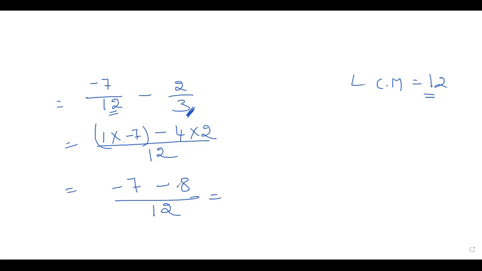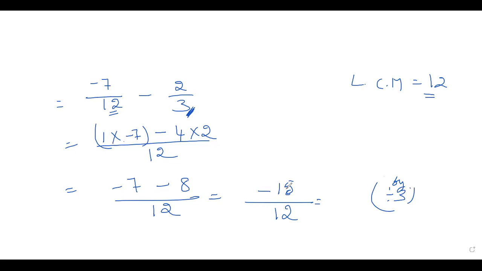So both are negative numbers, right? So what are you going to do? You should add the numbers. 7 plus 8 is 15. When we add two negative numbers, you will get a negative number only. That is minus 15 by 12. Both are divisible by 3.